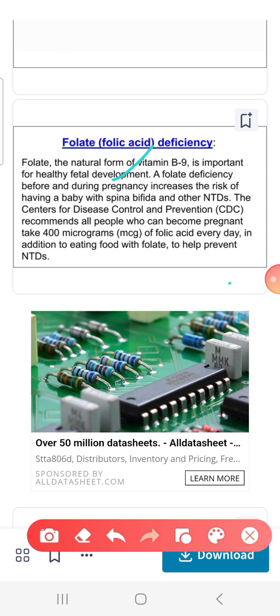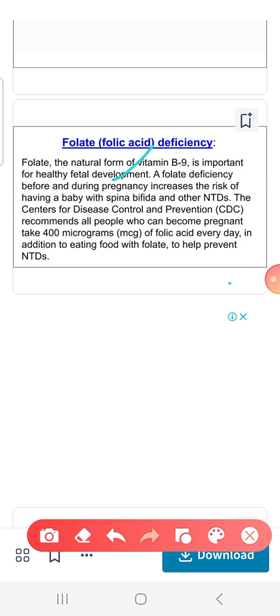So folate deficiency before and during pregnancy. Meaning before the pregnancy is confirmed in the mother, folic acid deficiency occurs, and this type of problem develops first of all.